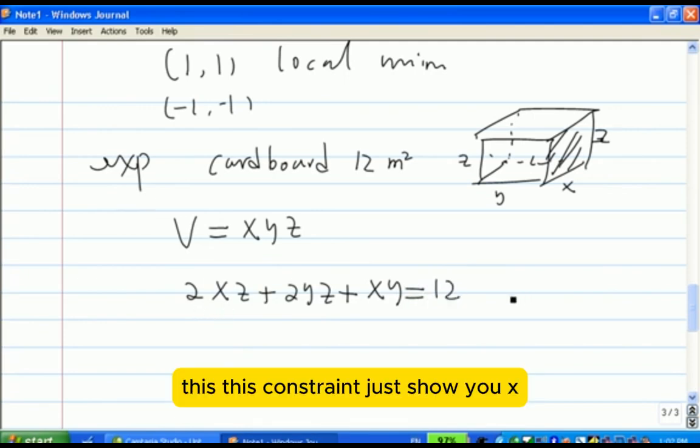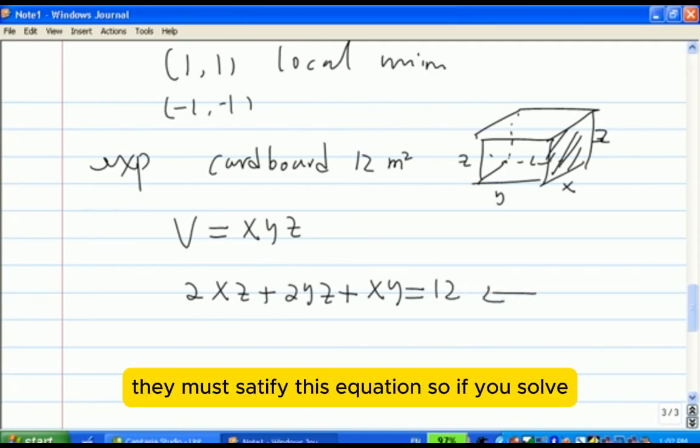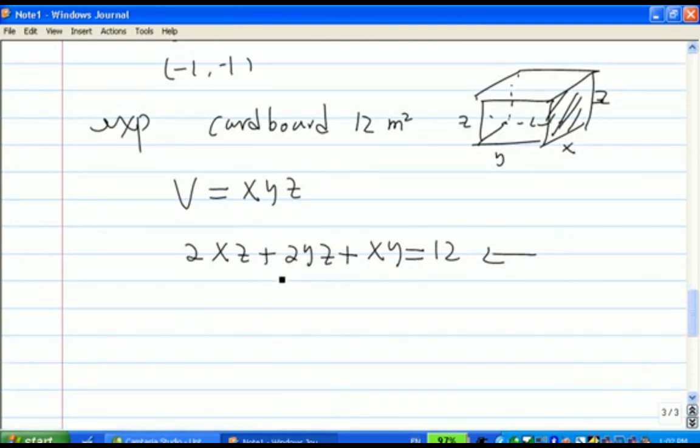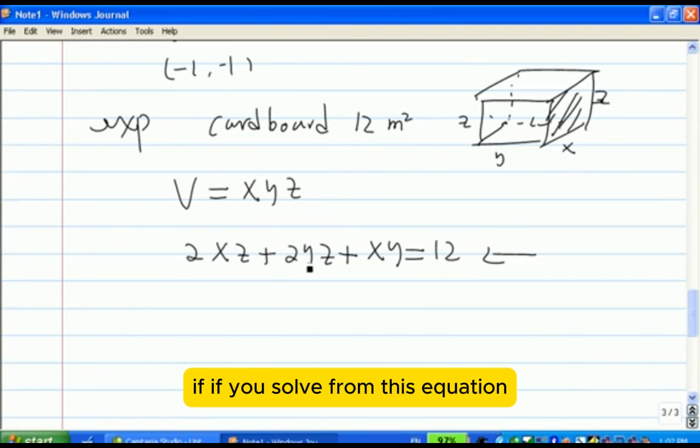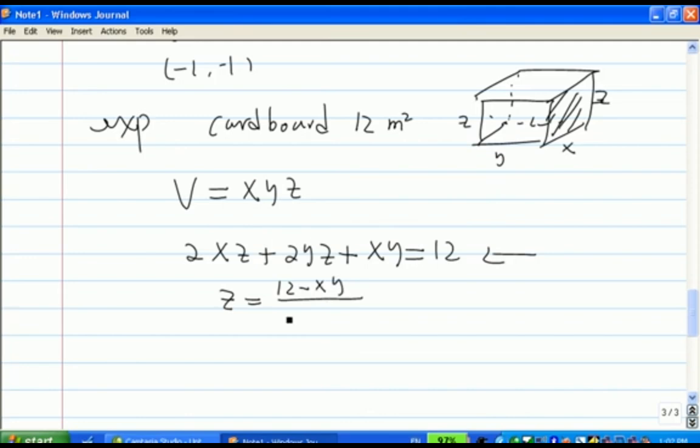This constraint just shows you x, y, z cannot be anything. They must satisfy this equation. So if you solve from this equation, for example, I solve z can be written as (12 minus xy) divided by (2x plus y).